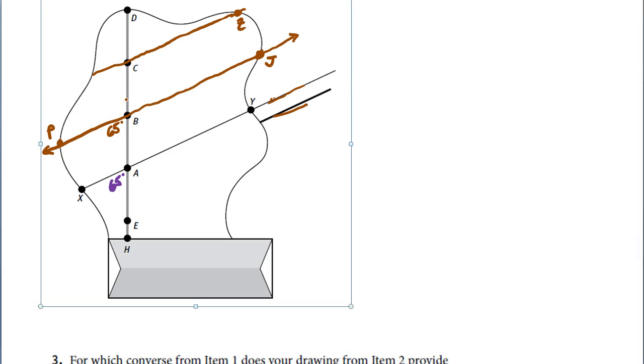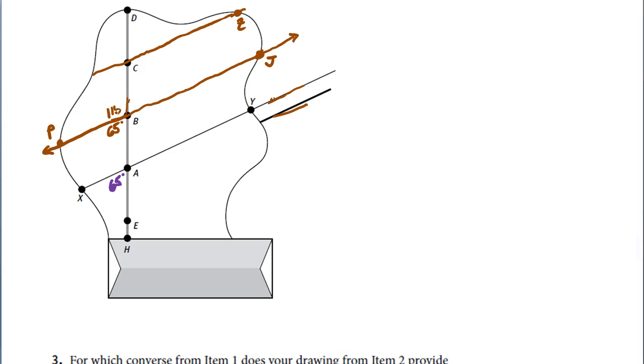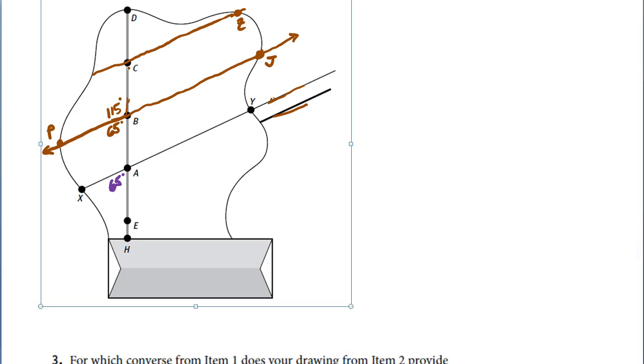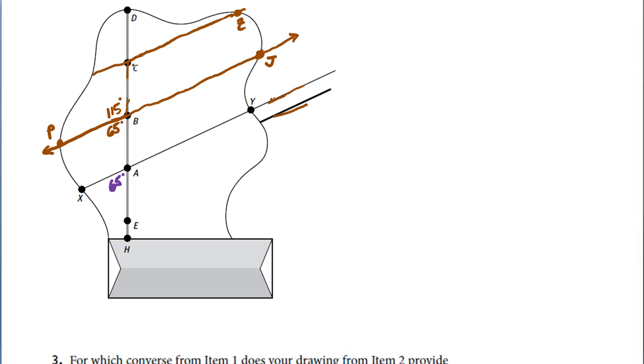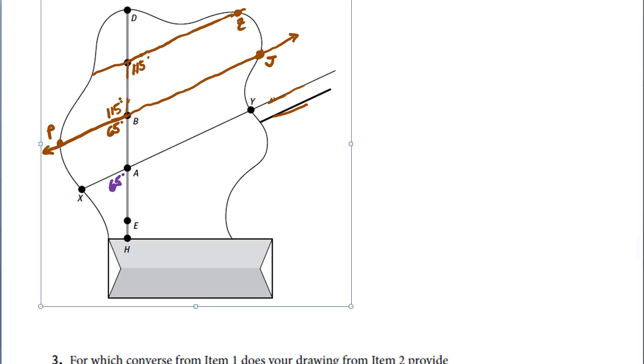But if this angle here was 115 degrees, then if we used the protractor and measured an angle between here to here of 115 degrees, by keeping those alternate interior angles congruent, that's a way to make that line parallel to that line.